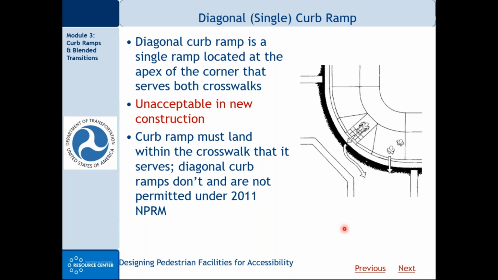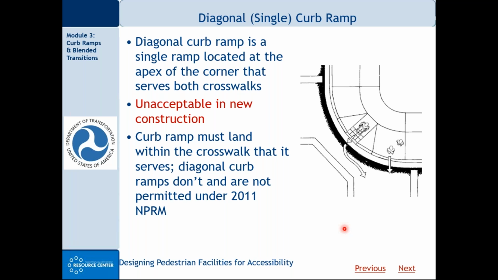Notice in my discussion of these three types of sidewalk to street transitions, I have not mentioned the single diagonal curb ramp. And the reason I haven't is highlighted there in red: these are unacceptable in new construction. So we should not be building any new single diagonal ramps. They may be acceptable in alterations if it's technically infeasible to build one of the other three types of sidewalk to street connections.